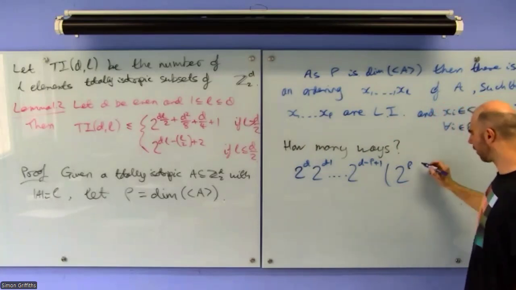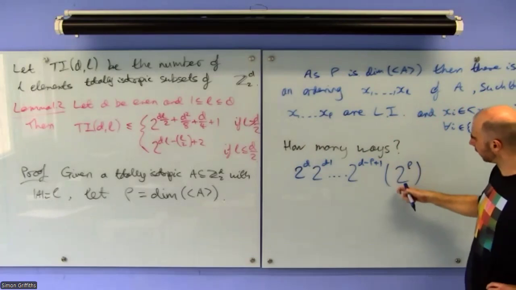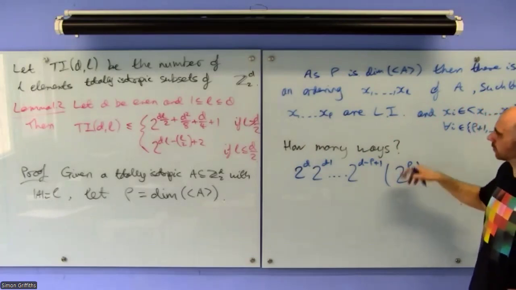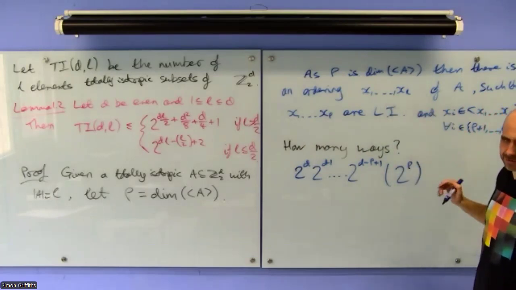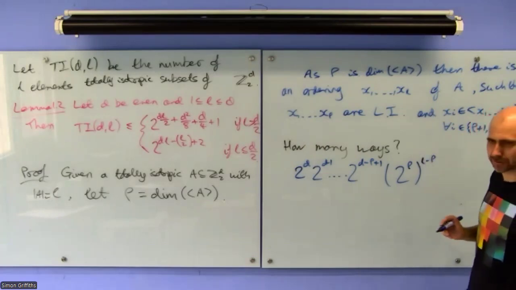Now, everyone else has to be in the space generated by the first rho vectors. So everyone else only has 2 to the rho choices, and that's for all the other ones, you have L minus rho.